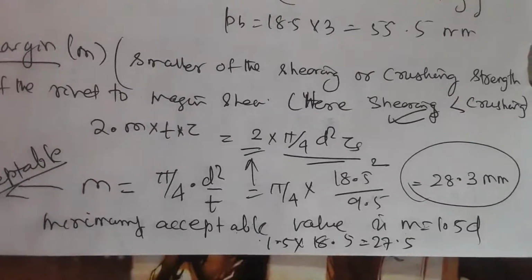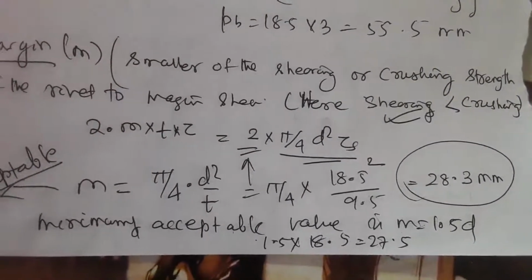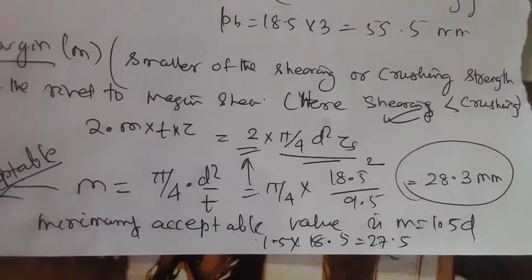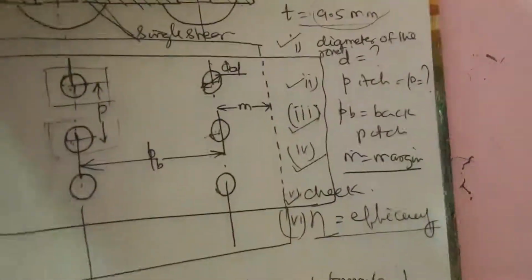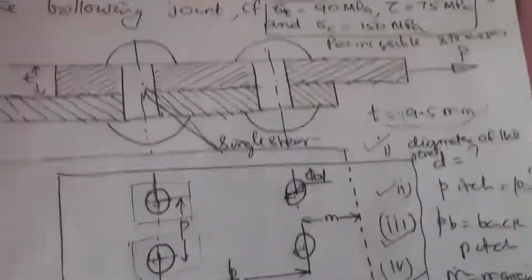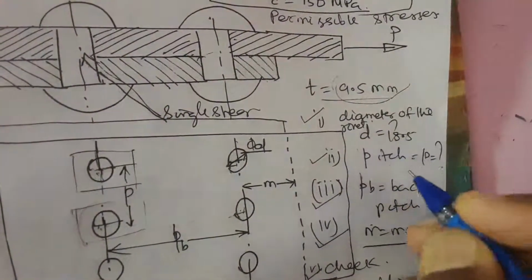So what did we design? We have designed the joint and we have found out the several parameters required in the initial design. We decided what should be the rivet diameter, and we came out with 18.5.